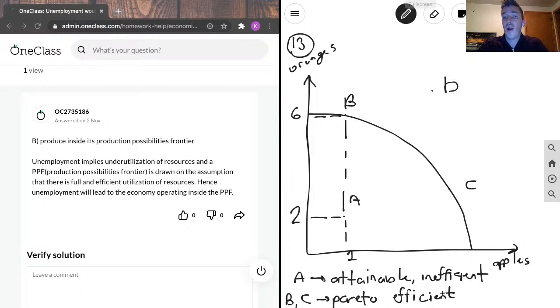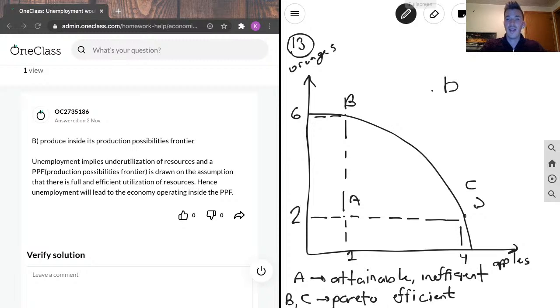If we want more apples, we can have it, but it's going to involve giving up some oranges. So we could instead move to point C as a consumer. And at point C, maybe we can have 4 apples, but as a result, we had to give up 4 oranges and move from having 6 oranges to 2 oranges.